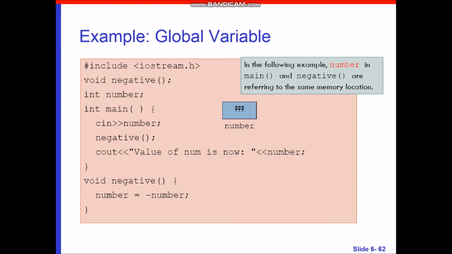So when you want to edit the variable or declaration of the global variable, it will affect both the main function and also the void negative function. So in the following example, number in the main and also negative function are referring to the same memory location.